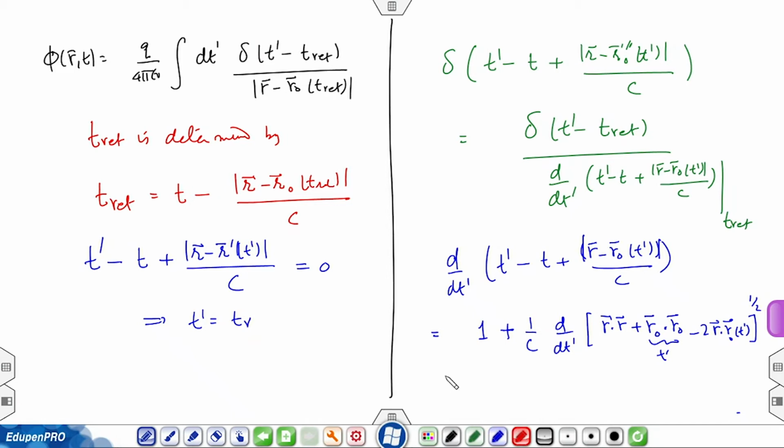And this comes out to be 1 plus 1 over c divided by 2 mod |r minus r naught at t retarded|, because this is being calculated at t retarded, and r is independent of t prime. So, you get 2 r naught dot r naught time derivative minus r dot r naught time derivative.